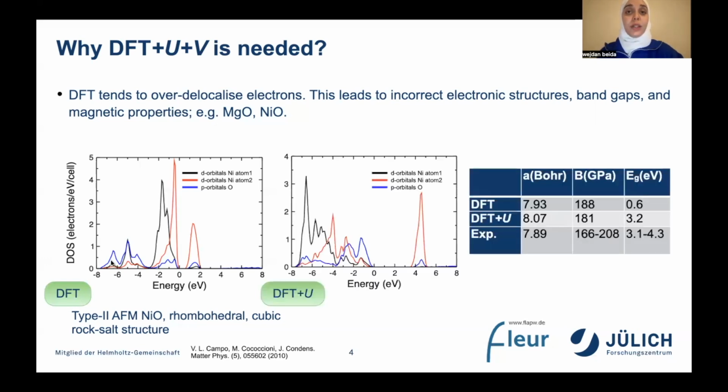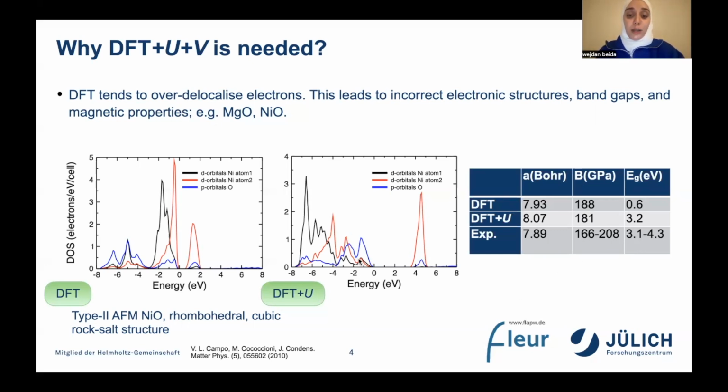By introducing a Hubbard U correction on both nickel and oxygen, we add a U of around 9 eV on the nickel and a U of 6 eV on the oxygen. One can observe a significant improvement in the band gap size, and actually it is in the experimental range.